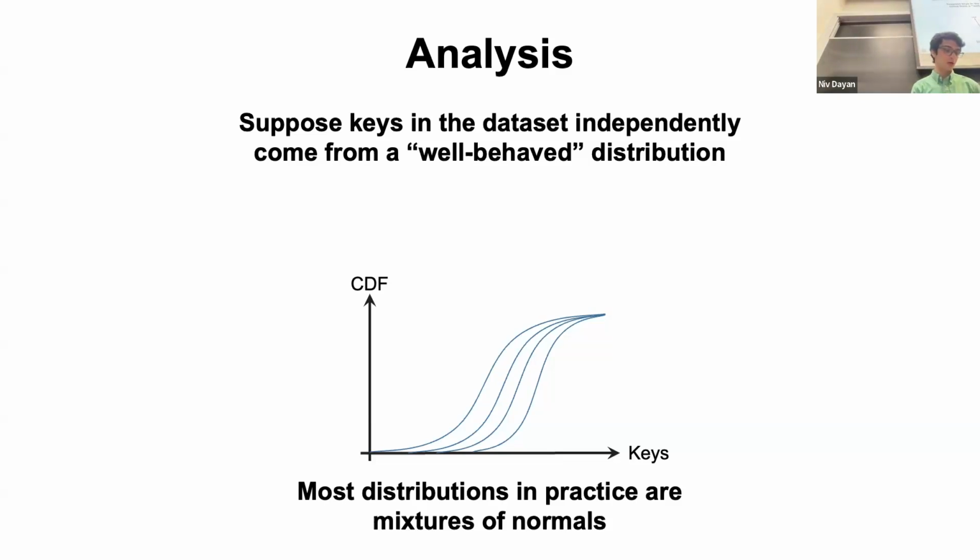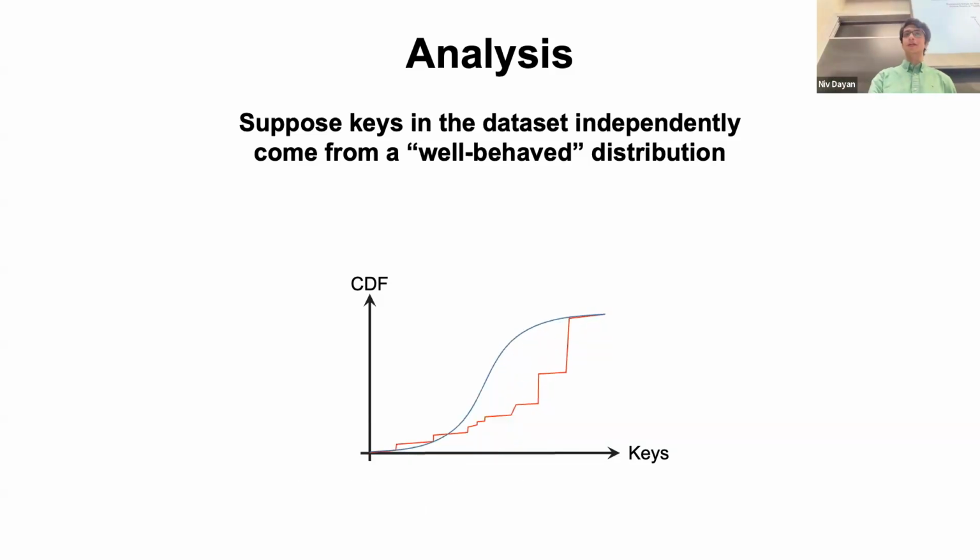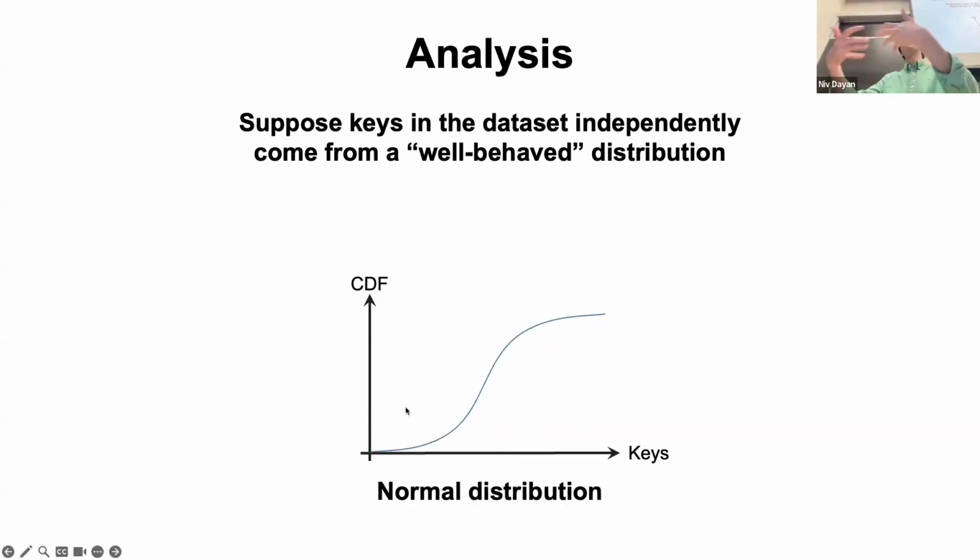That could happen, but the observation is that that's very unlikely. And the reason for that is, if you think about it, because we're taking samples, each sample is a key from among the data set. What's actually going to happen is you're going to take way more samples from the spike than from the rest of the distribution, right?